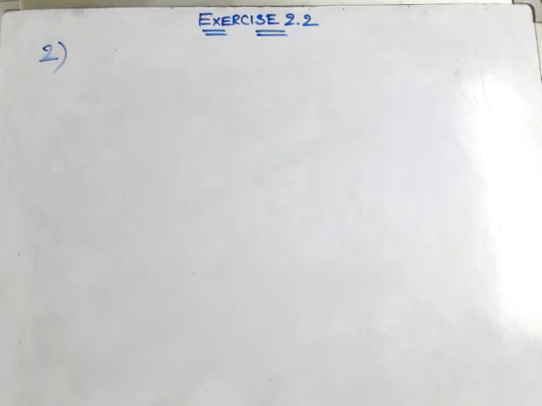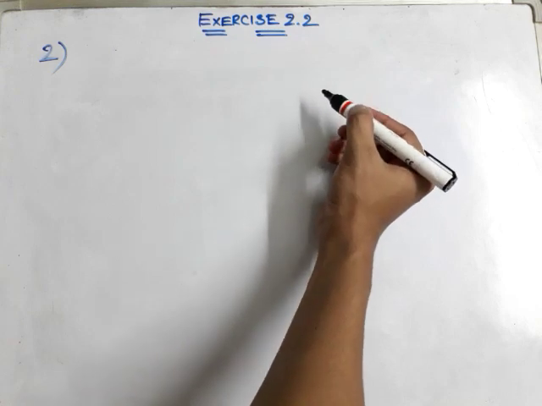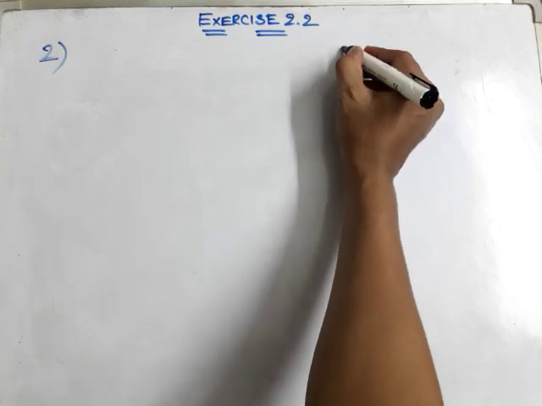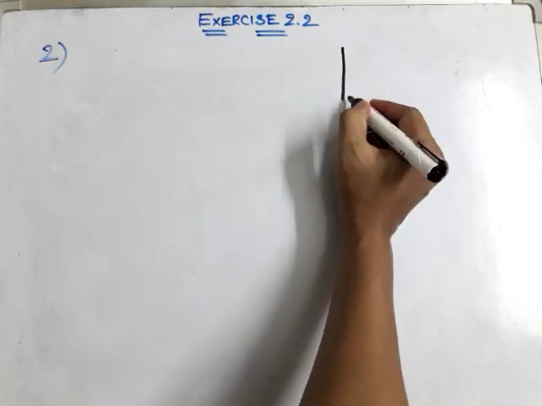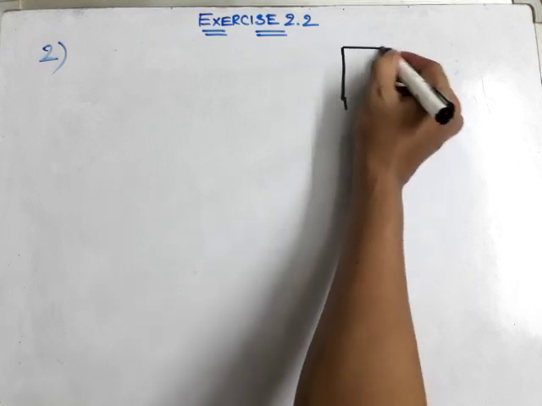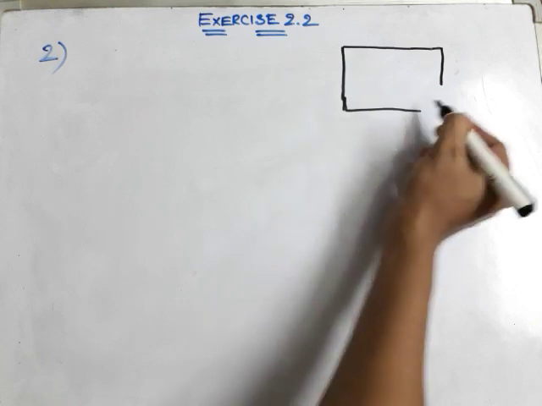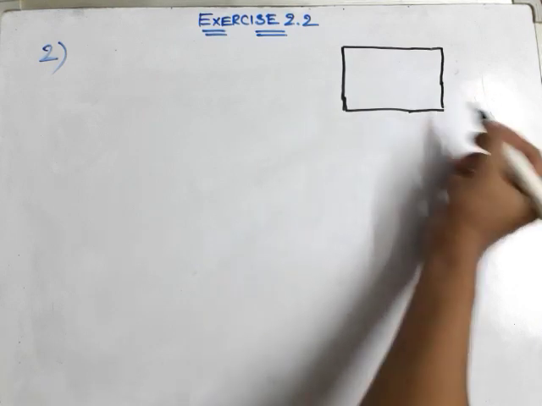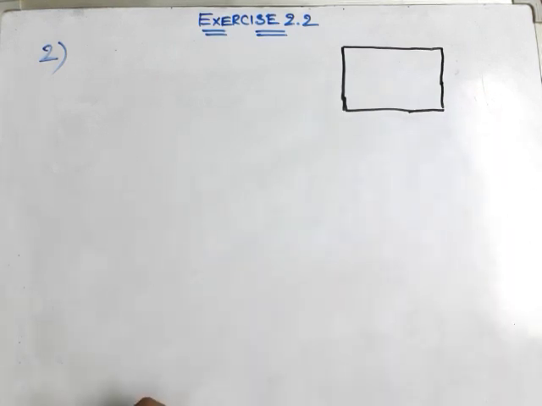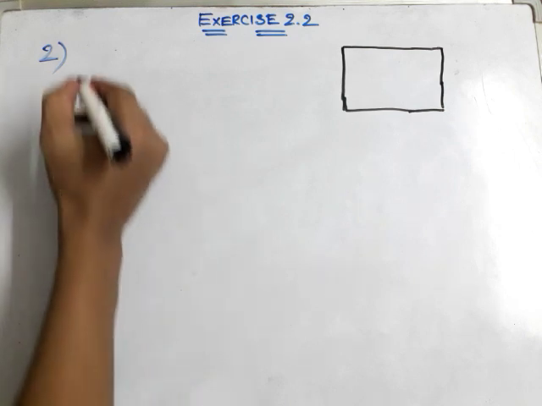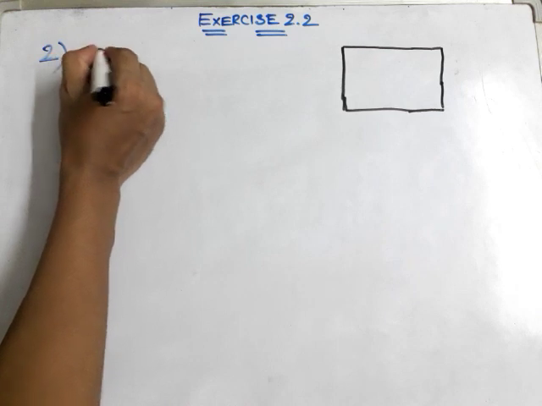Okay, now the second one, the perimeter of a rectangular swimming pool. So for example, if we take the figure like this, a rectangle, and as you know, given that the perimeter of a rectangle, so let us write the given terms.